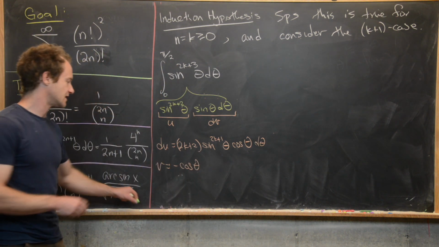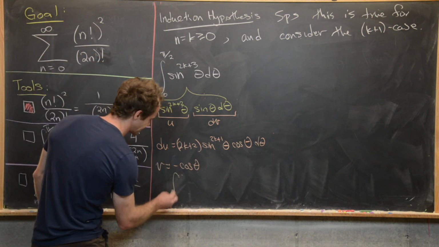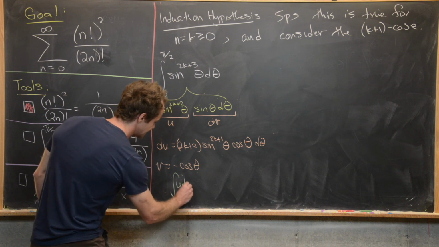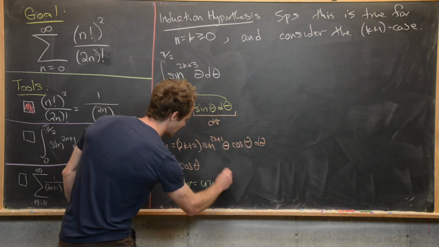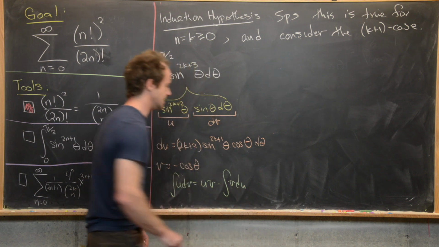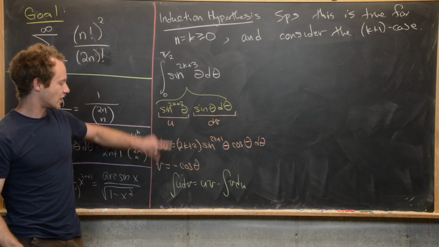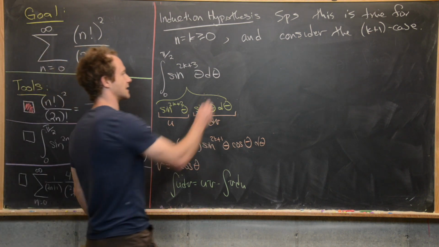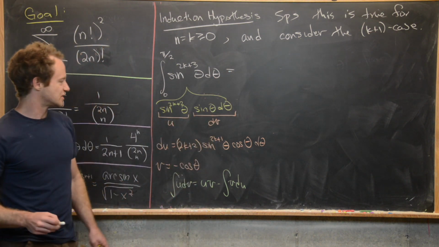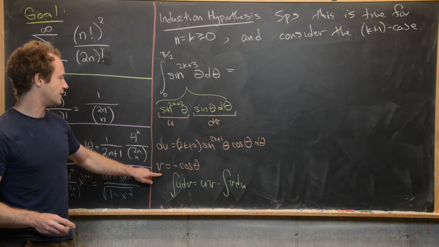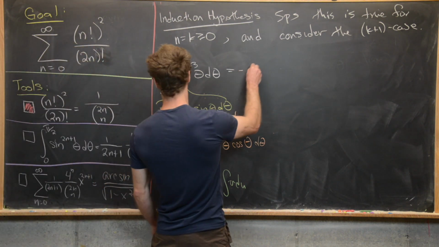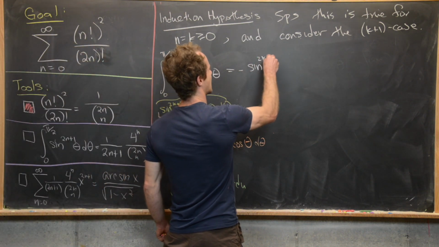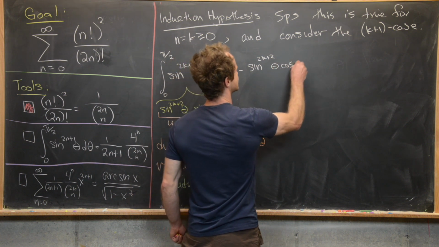Great. And now let's just recall the integration by parts formula says the integral of u dv is equal to u times v minus the integral of v du. So these are the parts that we want to insert into this formula right here. So let's go ahead and do that. So we're going to have this is equal to u times v. So notice that will give us minus sine 2k plus 2 theta times cosine of theta.